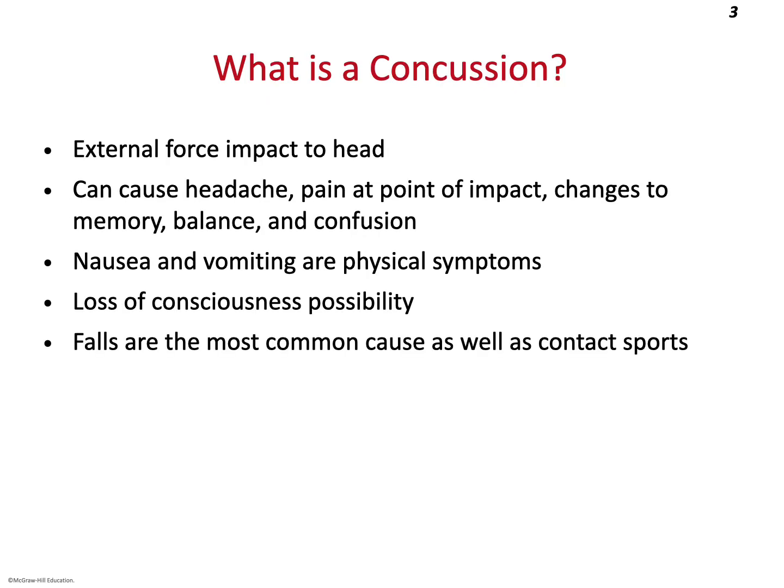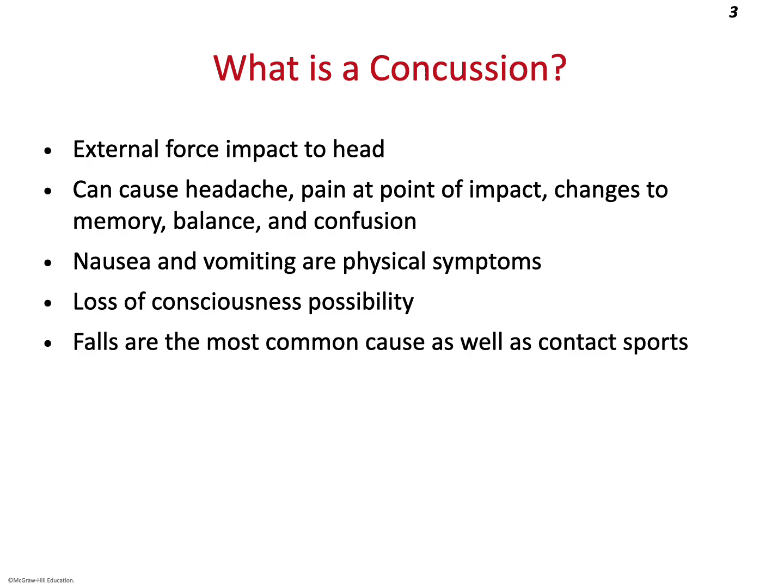Okay, so let's talk about a concussion. What exactly is a concussion? This is what happens when an external force impacts the head of a human being. It can cause a headache, as you can imagine, right? Pain at the point of impact in particular. And it can cause the patient to suffer memory loss or confusion.